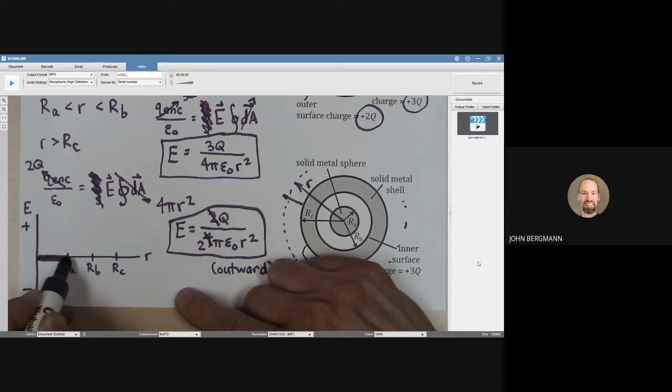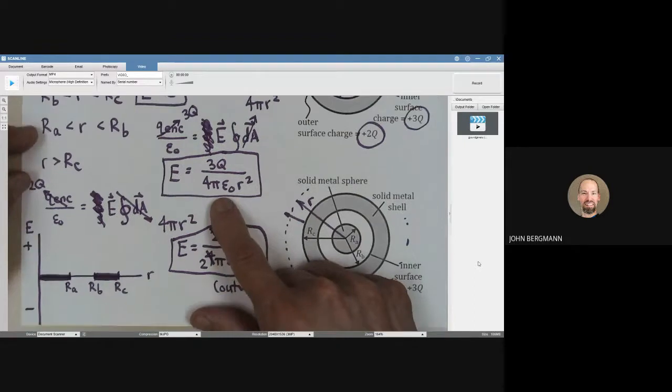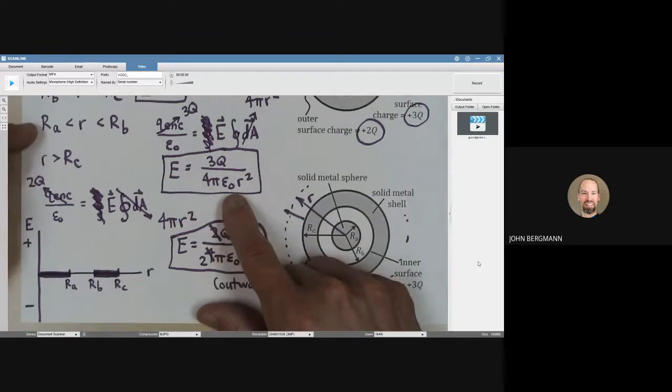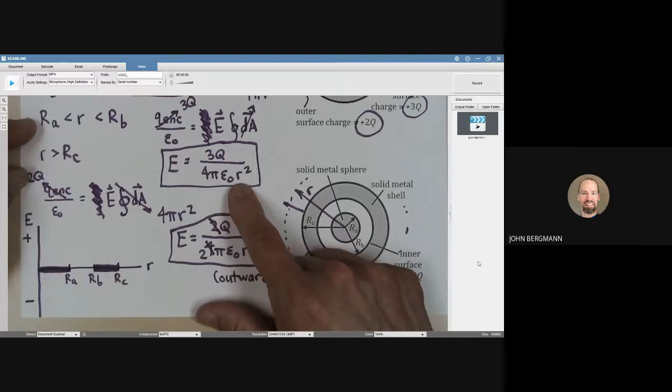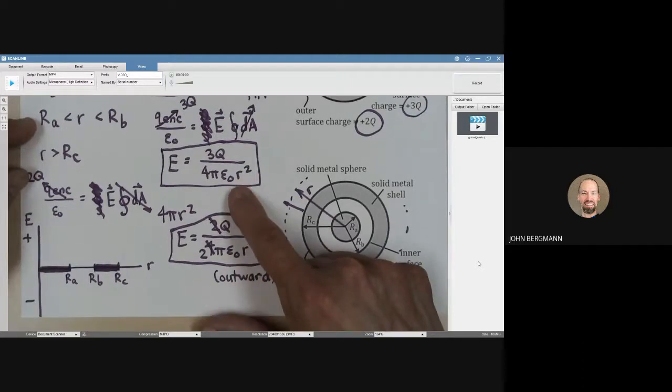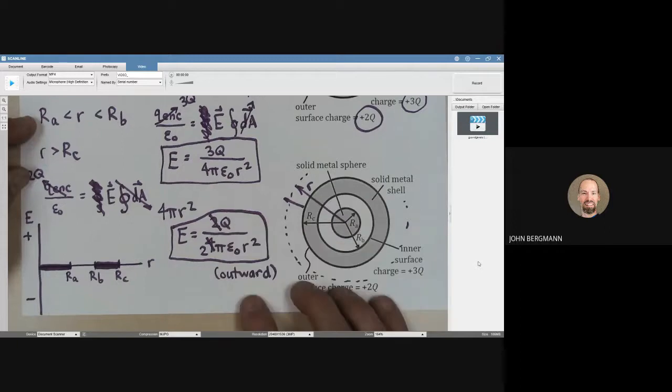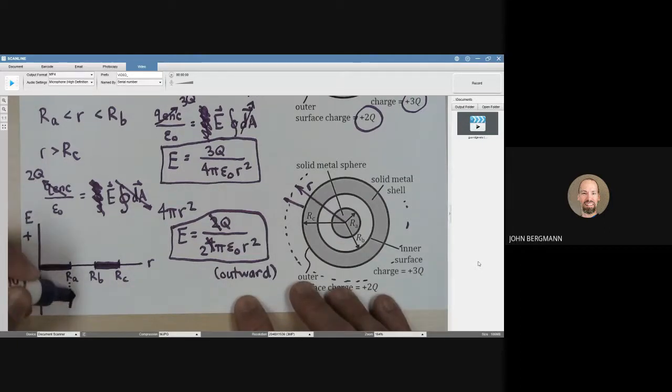Between r_A and r_B, we have the electric field proportional to 1 over r squared, but that has a different direction than the electric field down here. So maybe we should call one of them positive and one of them negative. So maybe we should do something like that right there.